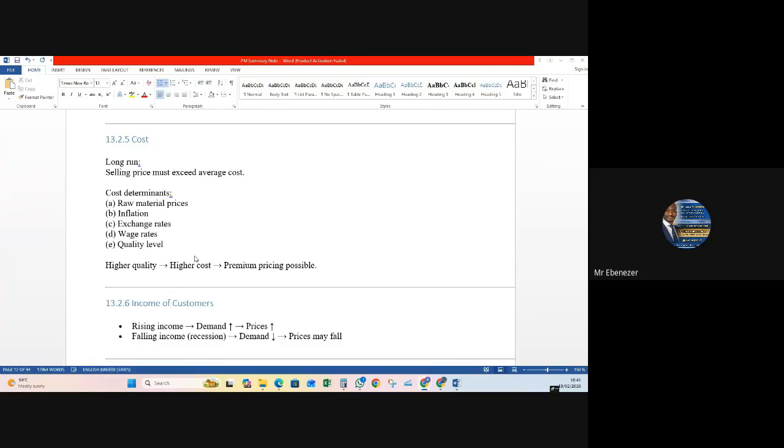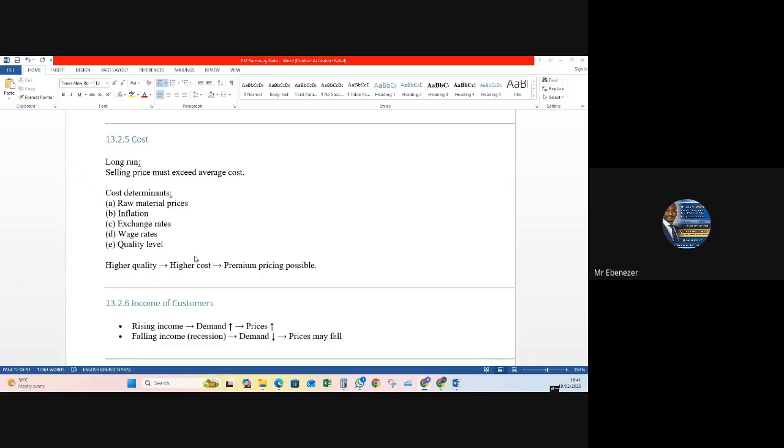Inflation is an increase in the general price level of goods and services. Am I right? Yes, sir. Okay. Then also we have the exchange rate for those who are importing their material input or their production input. Exchange rate would affect them.